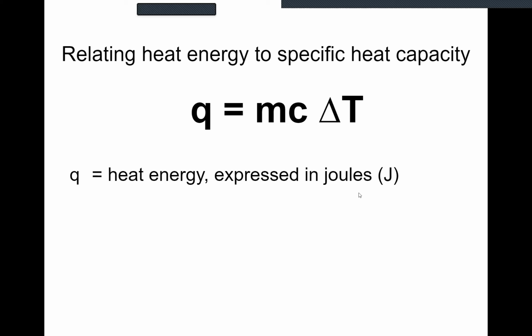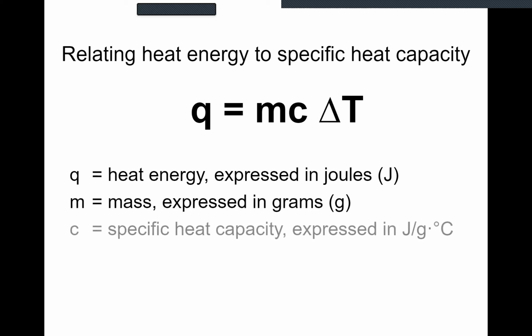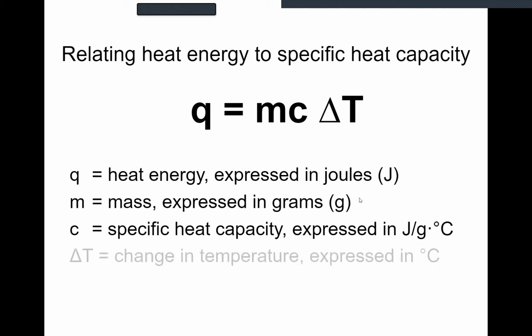That's expressed in units called joules. M stands for mass. That's expressed in grams. C, specific heat capacity, is expressed in units of joules per grams times degree Celsius. It's kind of a goofy set of units. And delta T stands for change in temperature, which of course is expressed in degrees Celsius.